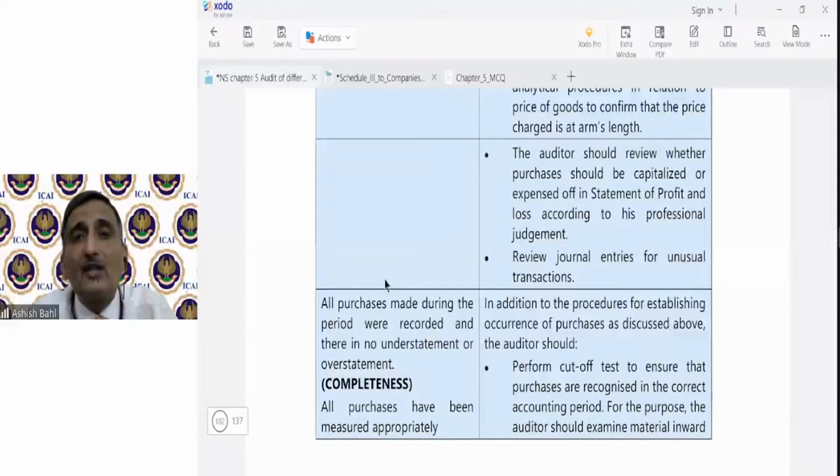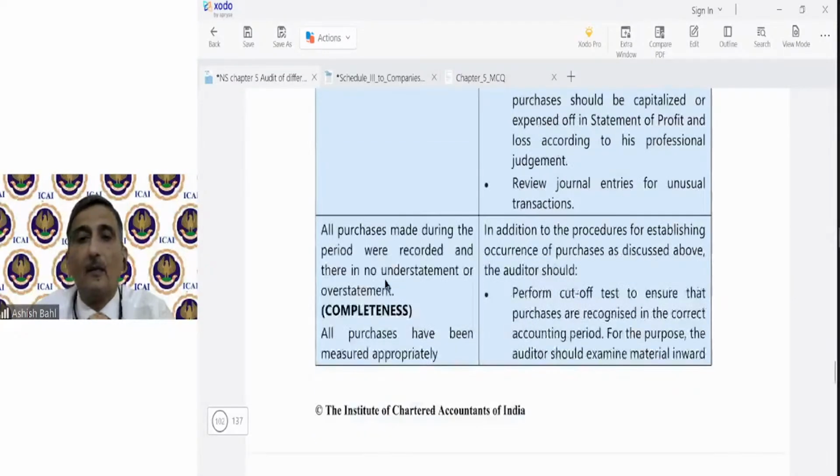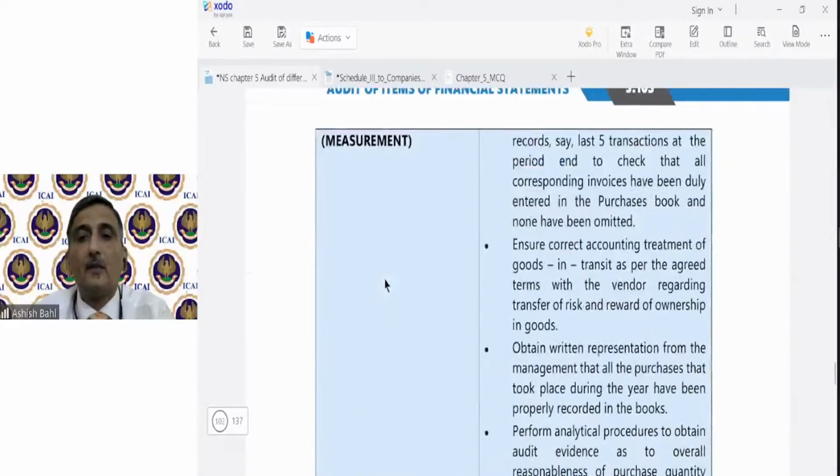So by doing such things, he would try to ensure that purchases recorded are complete.